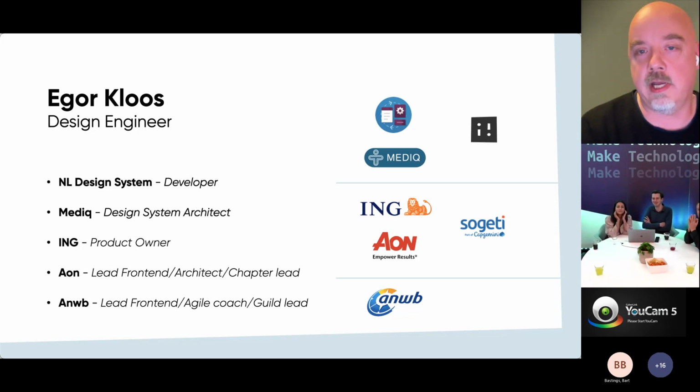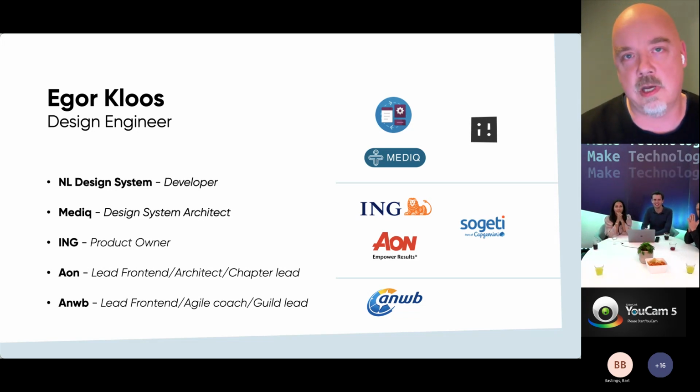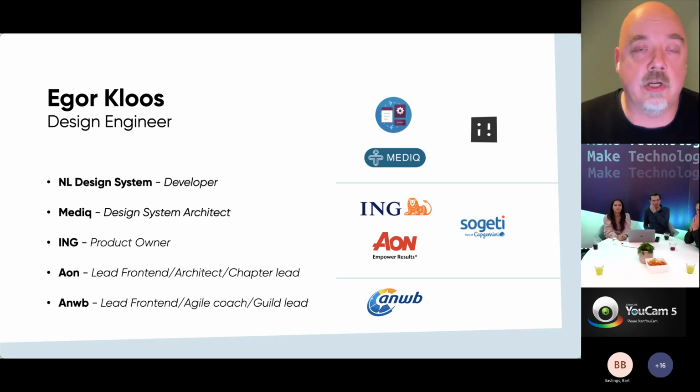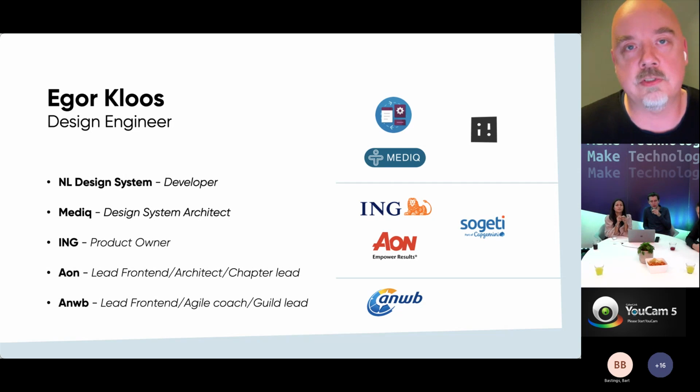And in my current role at Informat, I specifically focus on design systems, also as a design system architect, and also for the current NL design system, which is a government-based initiative to help government departments and municipalities to implement a design system in a more generic sense, so we can open source the work and share that.